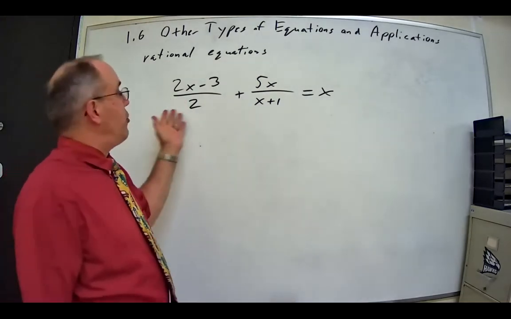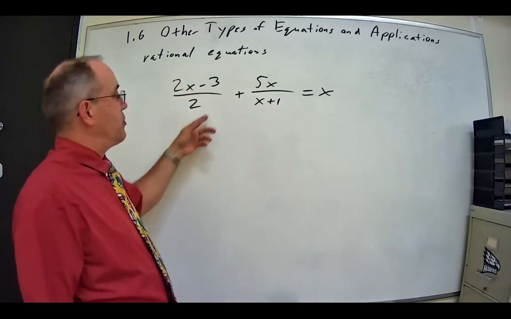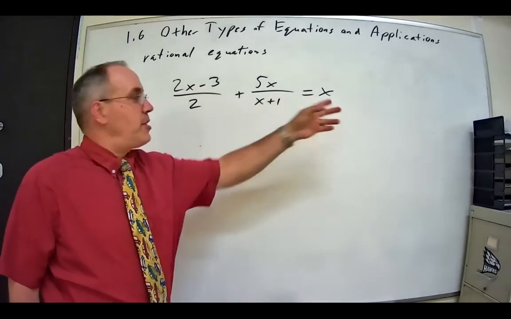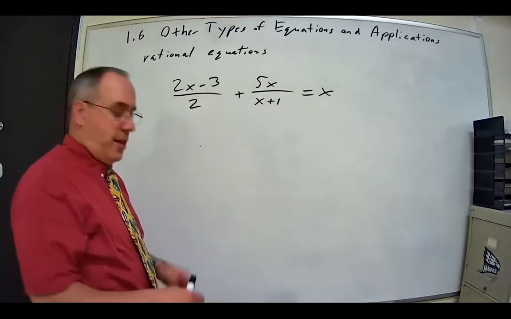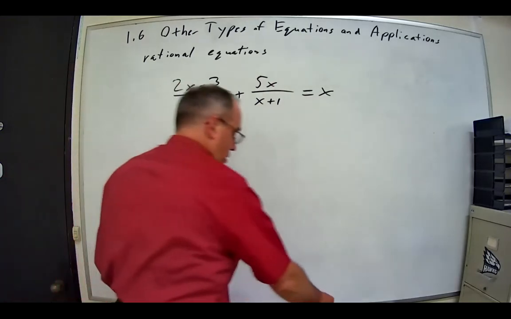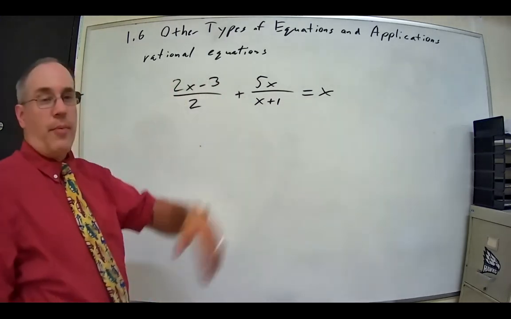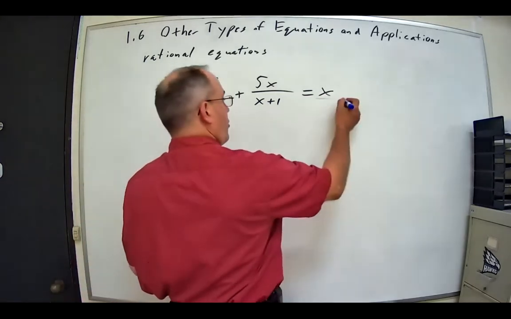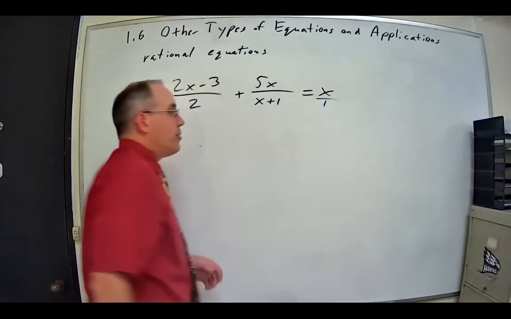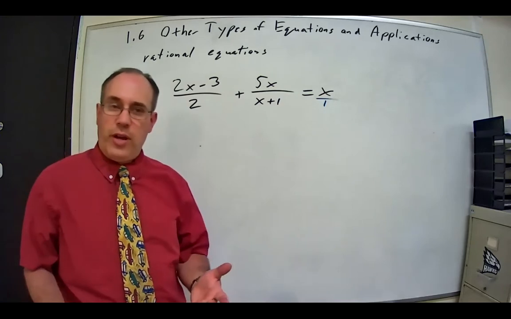So we have a rational equation. That one doesn't have a denominator, but that's okay. If we're going to solve this, we want to get rid of the denominators. The easiest way to do that is to look at all your denominators. I'm just going to put a 1 under here, because obviously x is equal to x over 1.